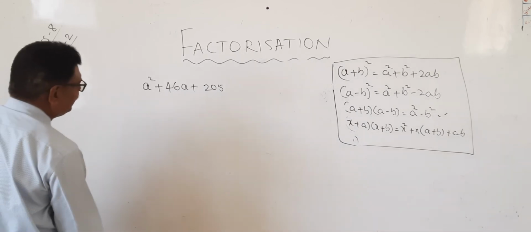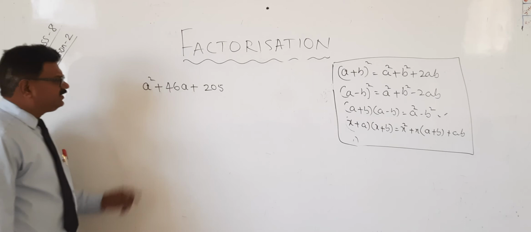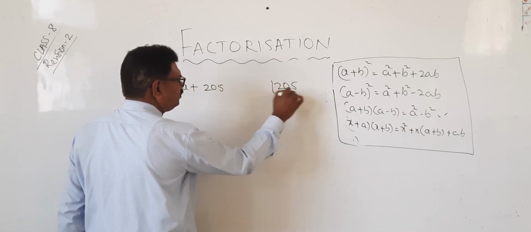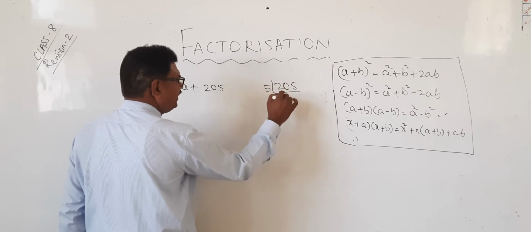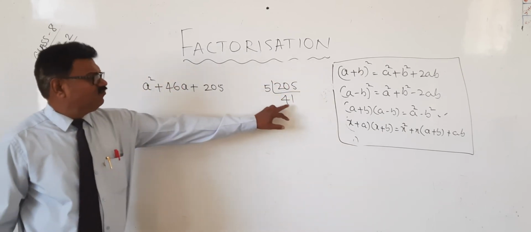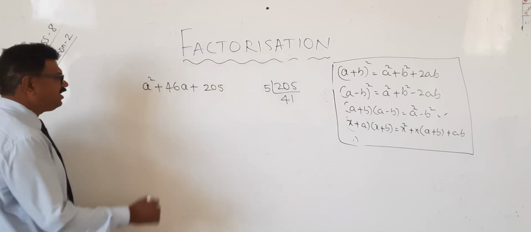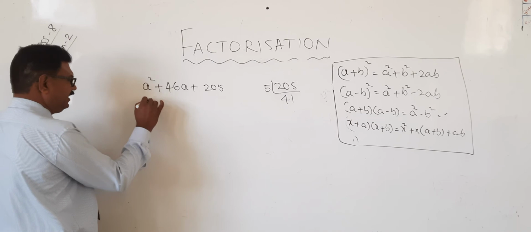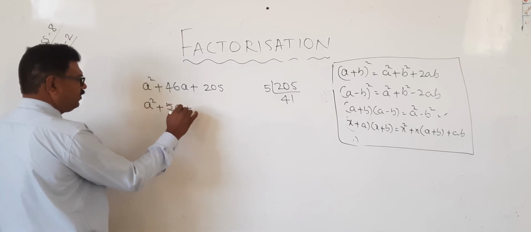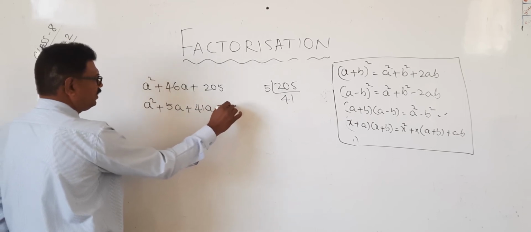Yes, one more problem: a square plus 46a plus 205. Here 1 is there, therefore just divide 205. The last number is 5; 5 into 41 is 205. You see, 41 plus 5 is 46 for you. Therefore, no need of doing anything. A square plus 5a plus 41a plus 205.